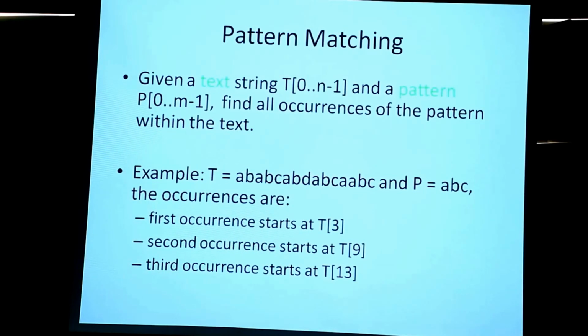So the problem can be modeled as we are given a text string. Whatever search we are doing is in some document which we can think of as a string of characters, right? The whole document we can imagine as a string of characters.